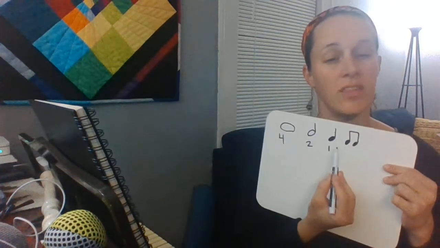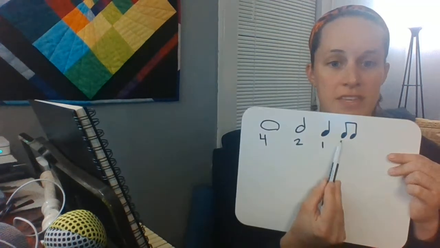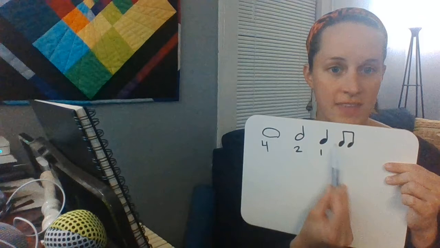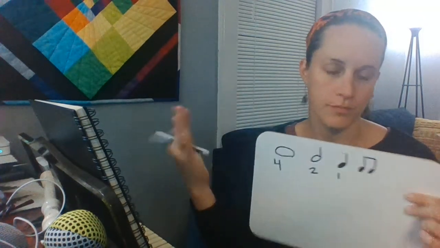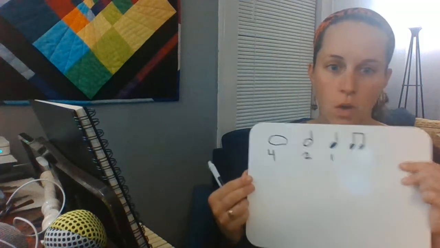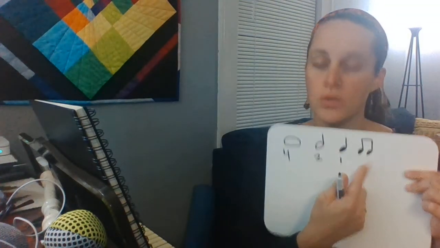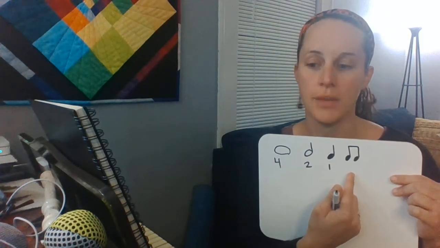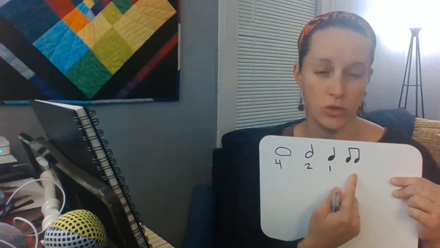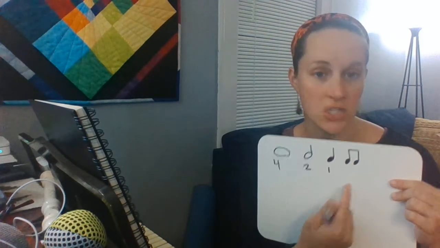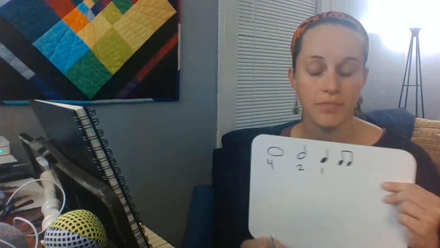Now, if you want to think of these eighth notes as each being half a beat, that's fine, but we're going to always have them in pairs for the purpose of today. We'll have them in a pair, meaning 2. So if we're doing it in pairs, then you can think of that as 1 beat, but just know that it has 2 sounds.